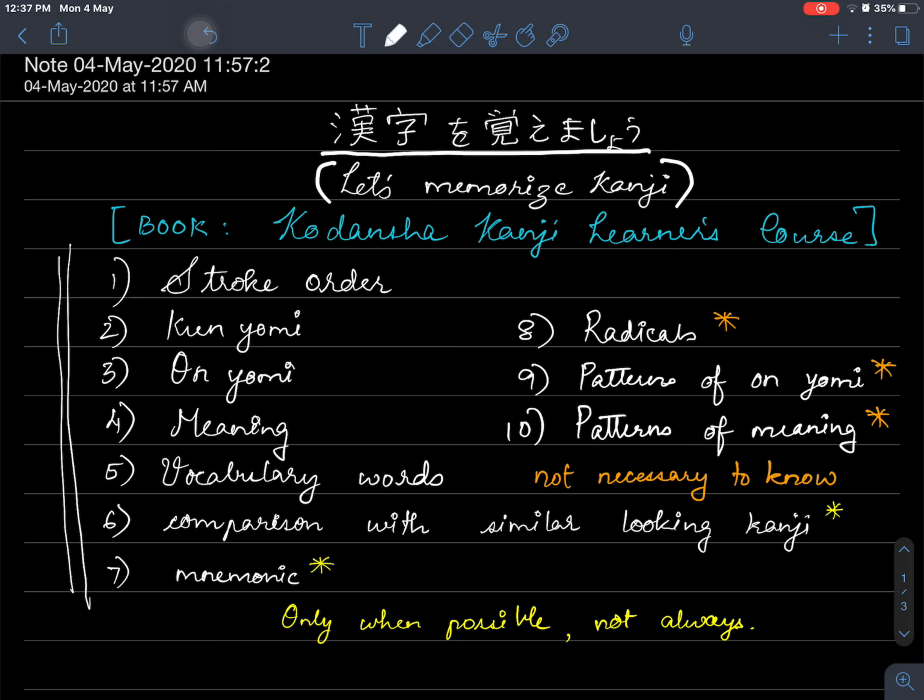But just to introduce them briefly, there are things known as radicals. There are patterns by which you can establish what the onyomi of a particular character can be, and similarly there are patterns with which you can go about guessing the meaning of any word. So if you recall what I told you yesterday, kanjis are made of components. So let us say a kanji is there like this.